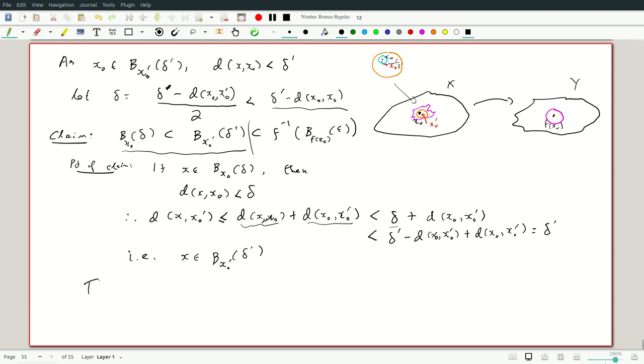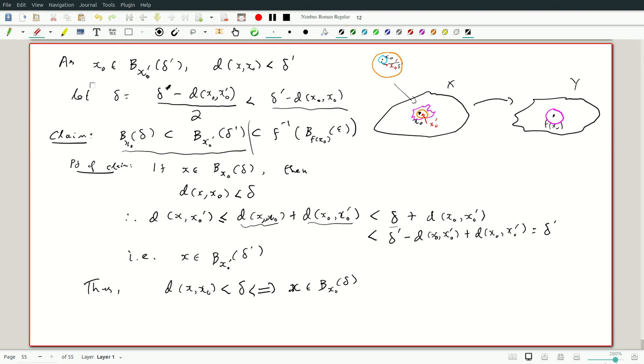Okay, so thus the distance between x and x0 being less than delta implies, indeed this part is equivalent to, x belongs to the ball around x0 of radius delta, which is contained in F inverse.